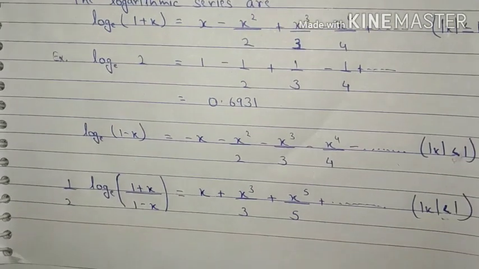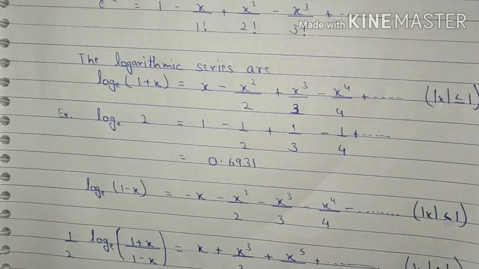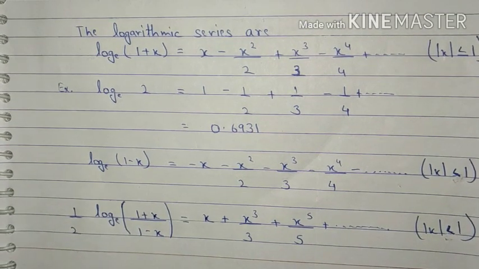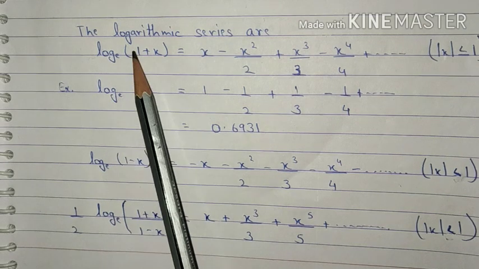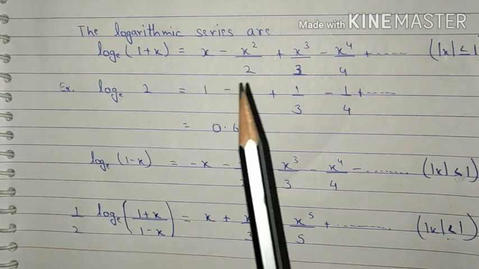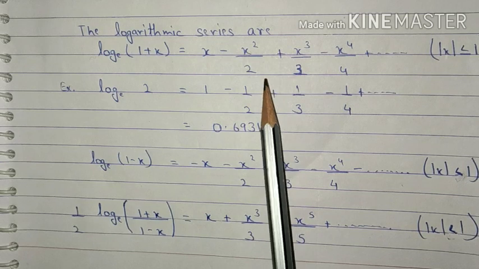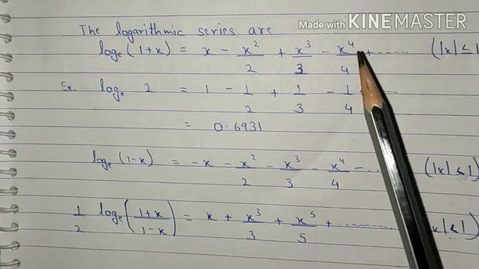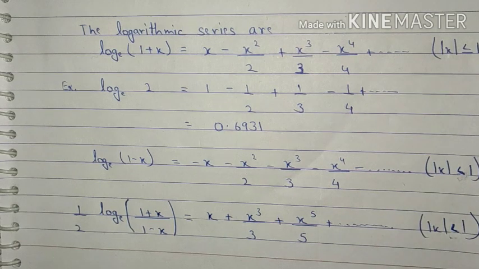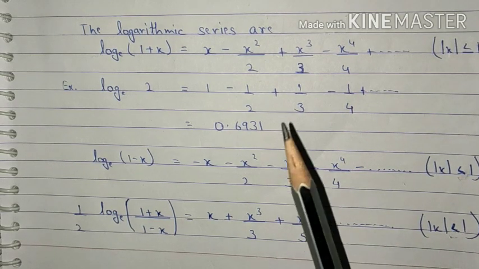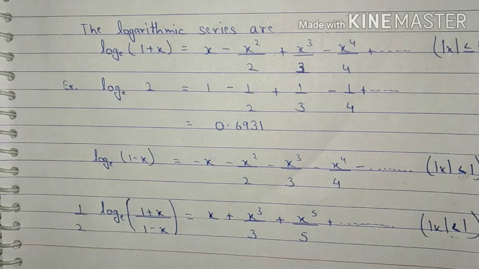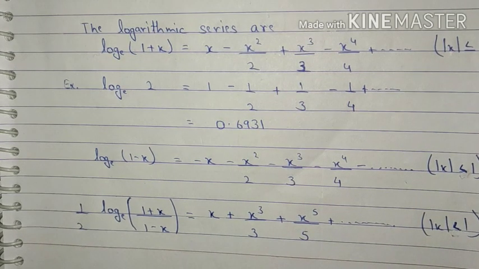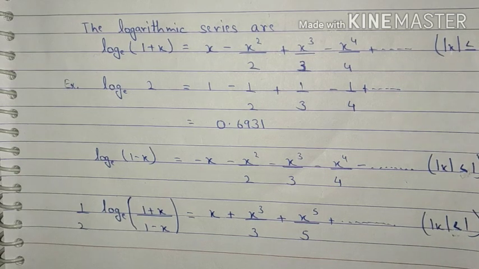Let's have a look at the logarithmic series. The logarithmic series is log e (1 + x) is equal to x - x^2/2 + x^3/3 - x^4/4 + so on. And the thing to be noted here is that the mod of x will either be equal to 1 or less than it.